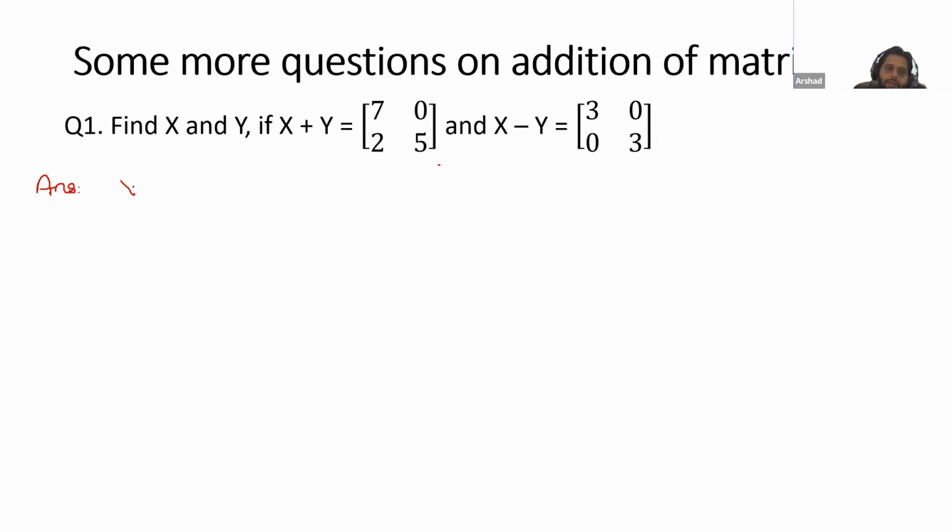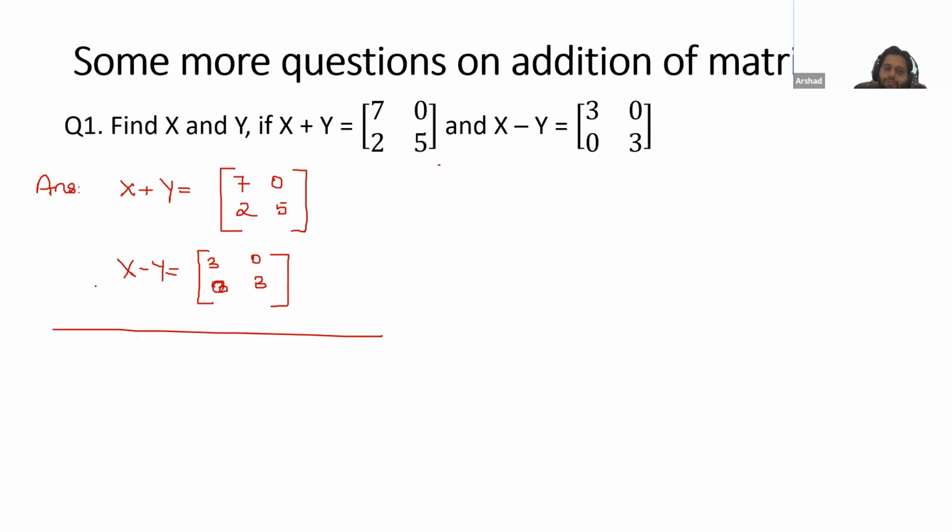We can write like this: x plus y is equal to [7, 0; 2, 5]. We have x minus y equal to [3, 0; 0, 3]. Now add these two. What will happen?